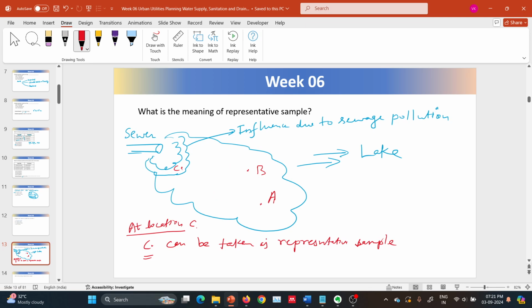If you take a sample from A and B, the influence of sewage pollution is not counted. That's why it is suggested to take a sample nearby the sewage pollution. This is called a representative sample. Samples A and B are not considered representative samples.